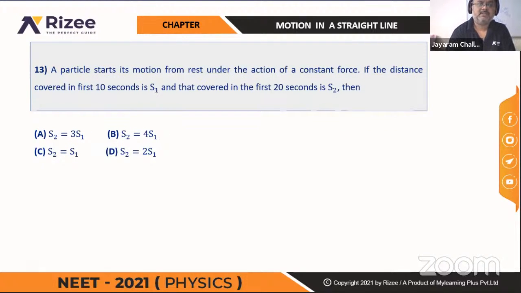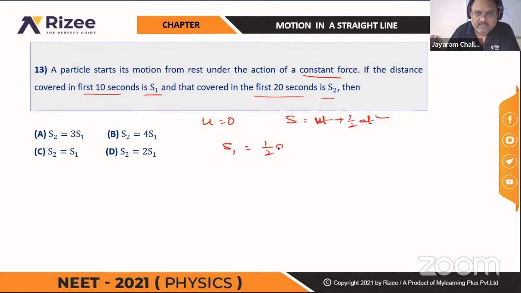Now, next question: a particle starts its motion from rest under the action of a force. The distance covered in the first 10 seconds is s1, and in the first 20 seconds is s2. Since initial velocity u is equal to 0, I would like to go for the equation s is equal to ut plus half at square. For the total time, s1 is equal to half a, acceleration is constant since force is constant, into 10 square, which is 100 by 2, that is 50 a.